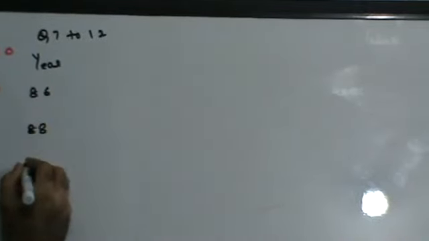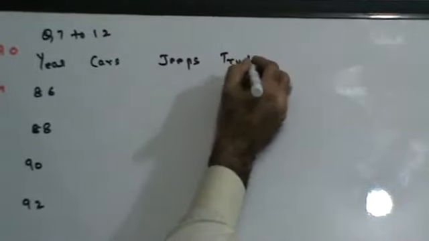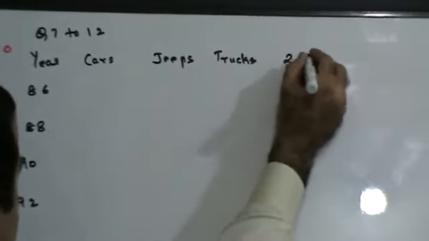Next, let's see question 7 to 12. Year 86, 88, 90, 92. Cars, jeeps, trucks, two-wheelers.